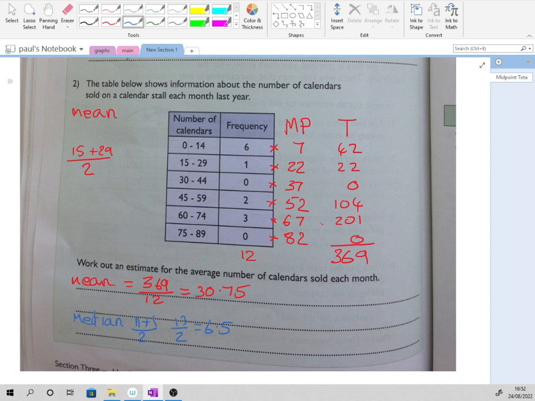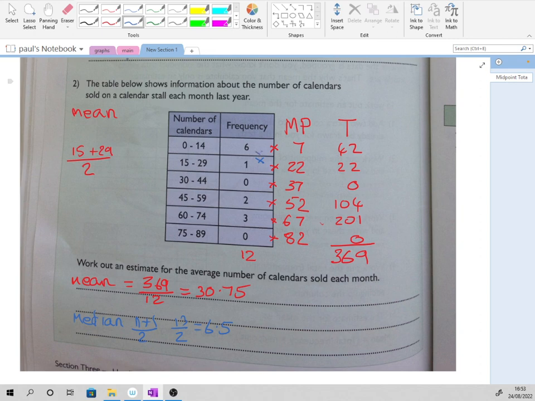So 3, 4, 5, 6 point. Hang on. 6.5, that's awkward. 12 plus 1 is 13 divided by 2 is 6.5.